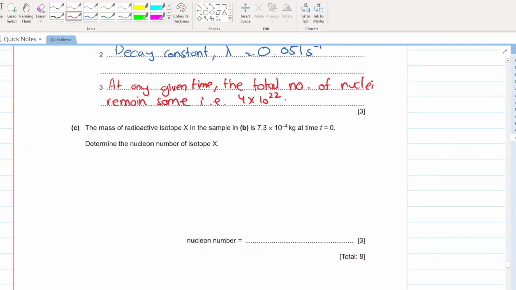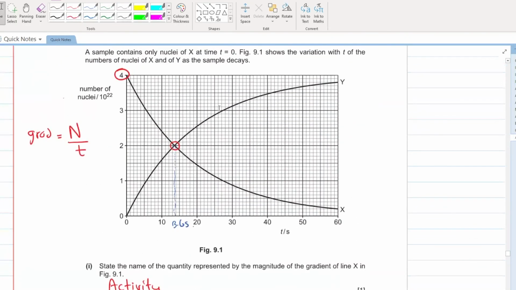All clear up till now? Yes or no? Didn't understand 3. Acha, you didn't understand 3. Let me explain. Can you see at the starting the number of nuclei of X is 4 into 10 raised to the power of 22, and the number of nuclei of Y is 0.